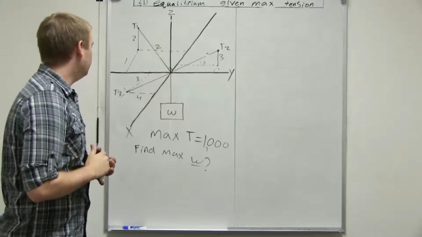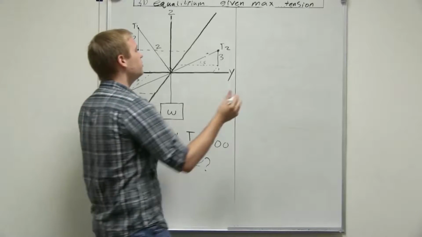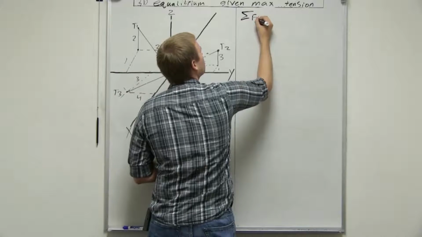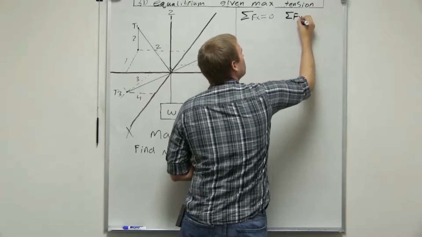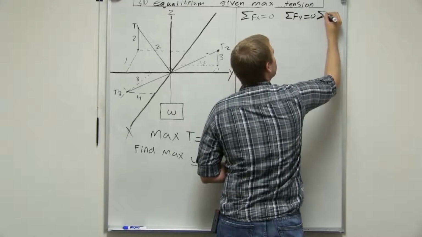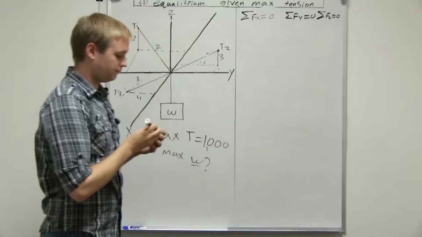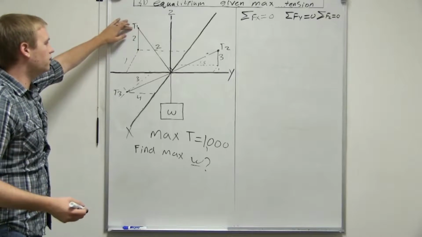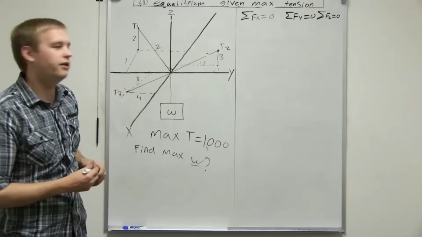To be able to get this, well, we need to do the sum of the forces in the x equals 0. Sum of the forces in y equals 0, and sum of the forces in the z equals 0. Okay, there are 3 equations we have, but if you notice, we have 1 unknown, 2 unknowns, 3 unknowns, 4 unknowns.